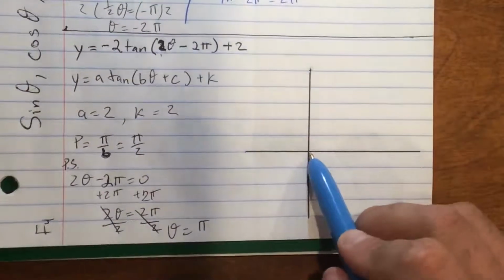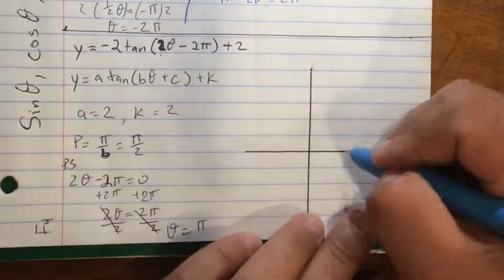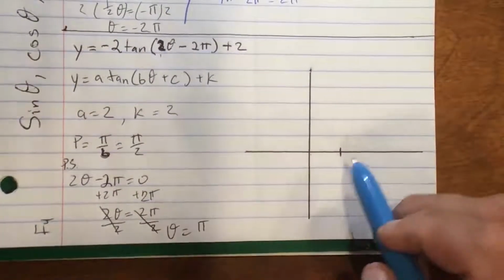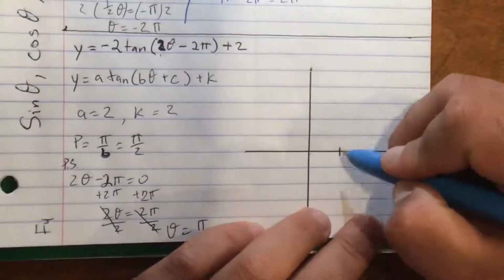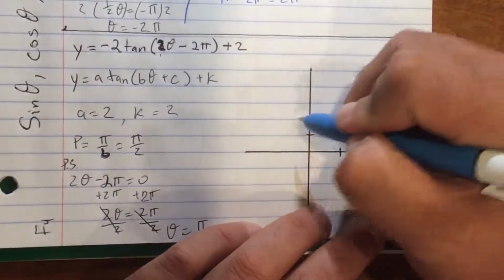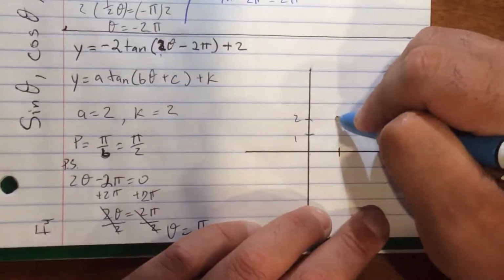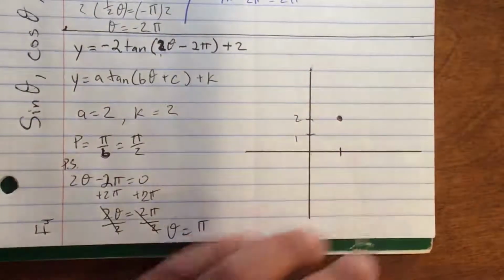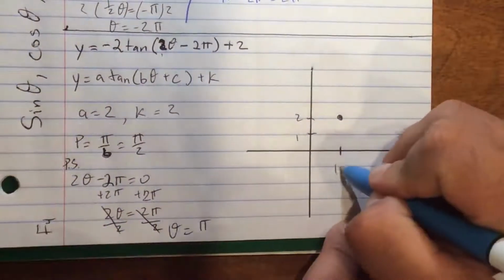So instead of starting at 0, we know our center point is going to be at pi. But we also have a k of 2, so this is our center point, which is at pi, right?